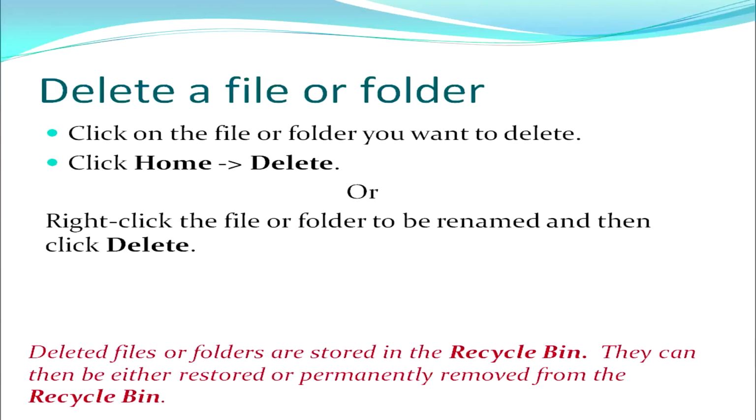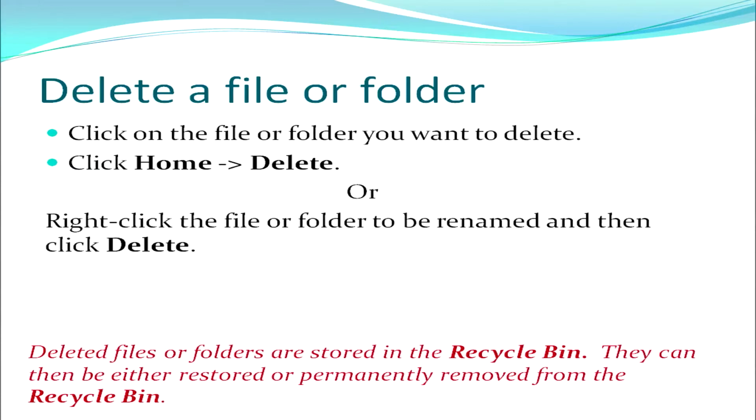Next we have how to delete a file or a folder. Again, two methods have been specified here. In the first method, click the folder that you want to delete and from the home bar select the delete option. The other method is to right click on the file or folder that you want to delete and then select the delete option. It should always be remembered that all the deleted files and folders are not permanently deleted there and then.